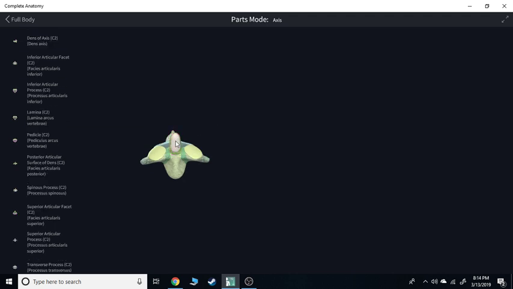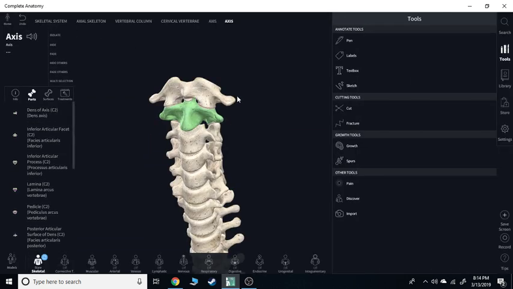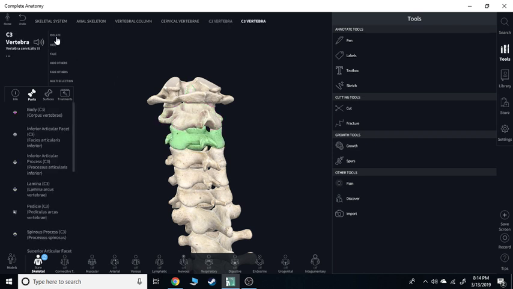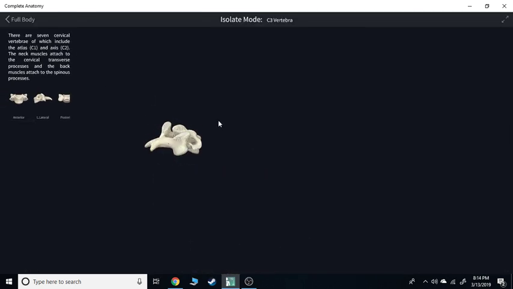It's this little peg, this little process that sticks up. It articulates with atlas, and it has articular cartilage here to reduce the friction between the two when they articulate. If you see here, C3 doesn't have that. C3 just has a place where axis will sit.